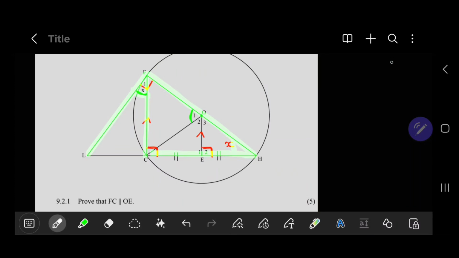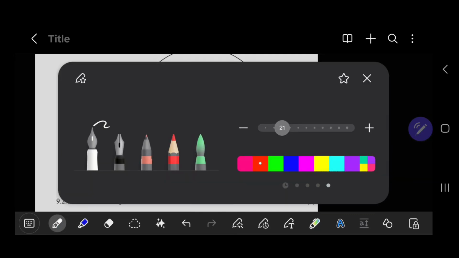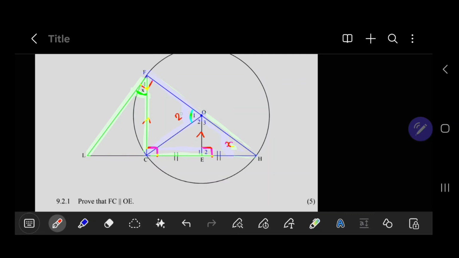What you're now going to realize is that points F and C subtended to H, which is on the circumference. Points F and C also subtend to O1, which is at the center. So angle at the center we know is equal to 2 times the angle at the circumference, meaning that angle O1 would be 2x.